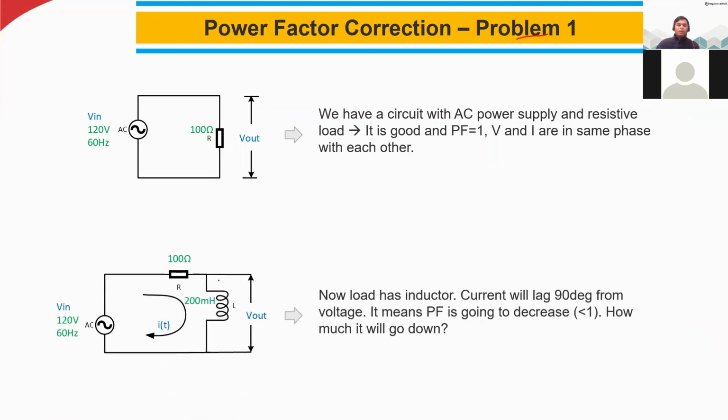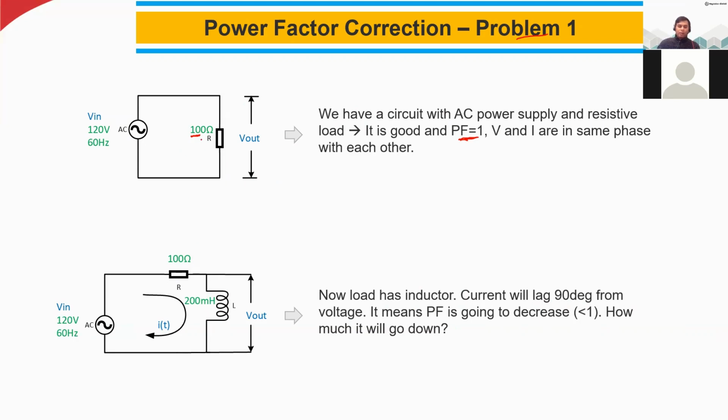Now if you have an inductor, or inductance property, in the load, then what will happen? The current is going to lag 90 degrees from the voltage. Because of that, the power factor of 1 will be reduced. For example, if we use some numerical values here, of course, you can change these values to any other value and check what will happen.